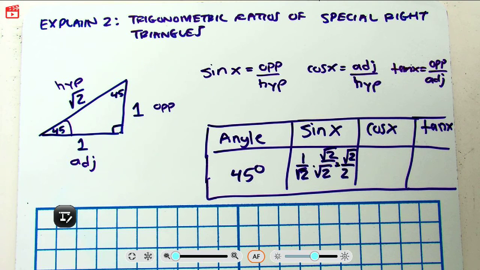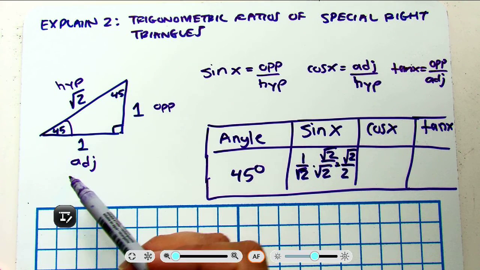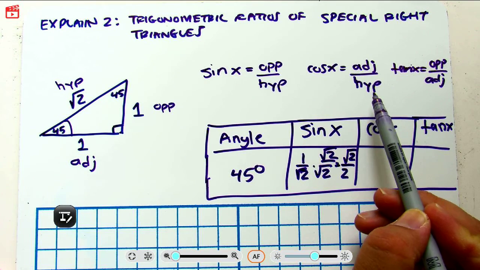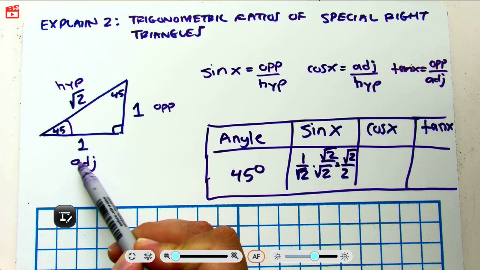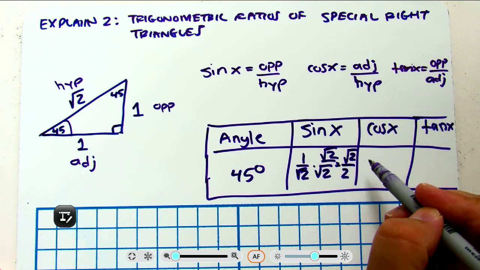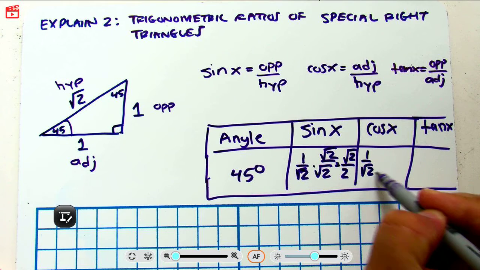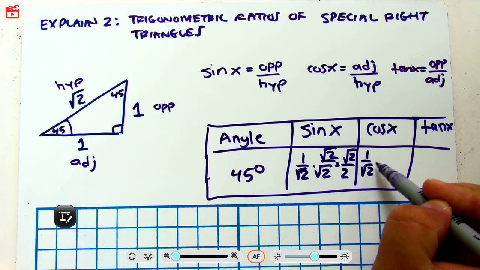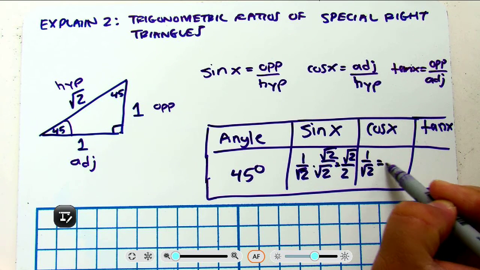The cosine is adjacent over the hypotenuse, so we end up having 1 over square root 2, which similar to the sine becomes square root 2 over 2.